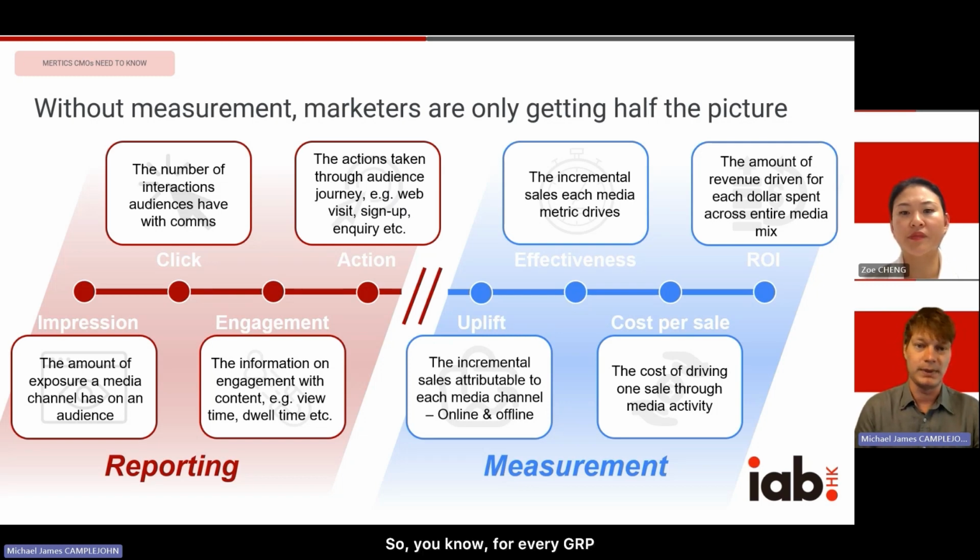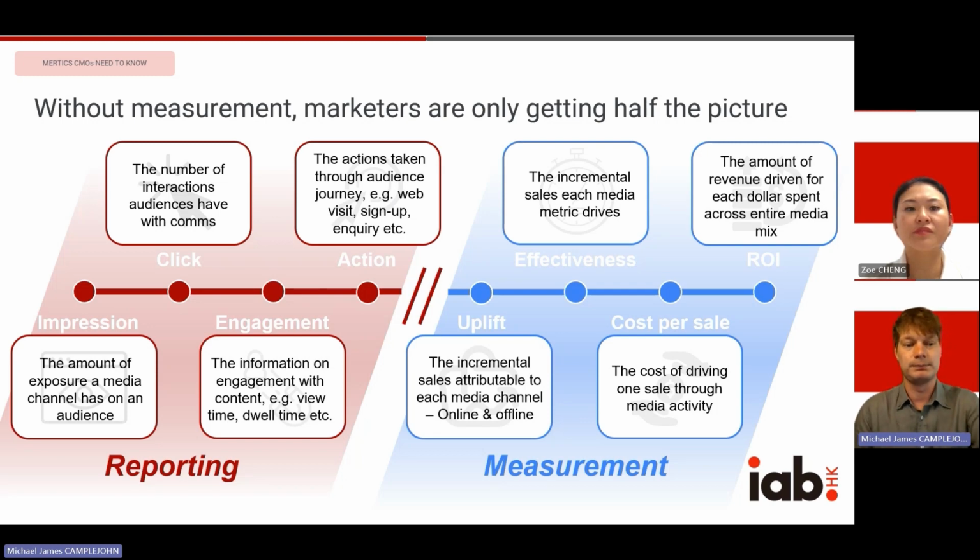So for every GRP, every 1,000 impressions, every 100 clicks, and so on, what is that actually driving in terms of sales? Cost per sale, so the cost of driving one sale through media activity, and ROI, so return on investment: the amount of revenue driven for each dollar spent across the entire media mix.